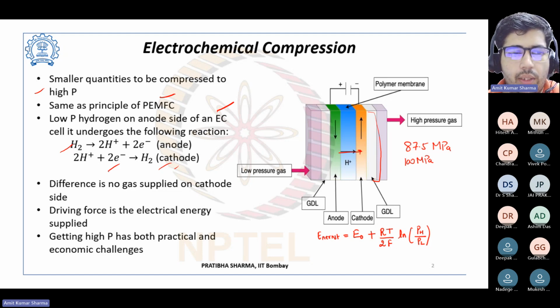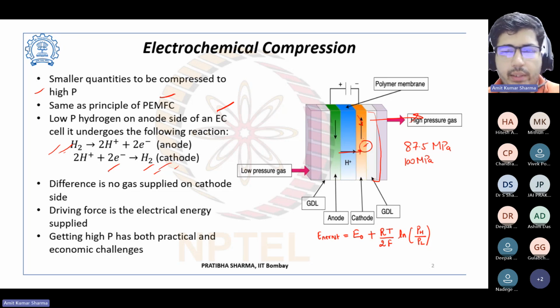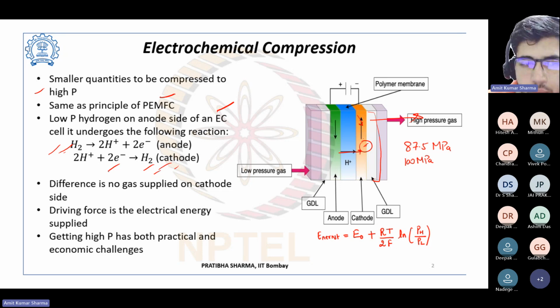So this hydrogen will be collected at the cathode, and if this reaction is continuously going on, then what will happen at the cathode side? There will be a buildup of pressure, and after reaching a particular pressure, you can have your required gas at that pressure. The difference from the PEM fuel cell is that no gas is supplied to the cathode side.